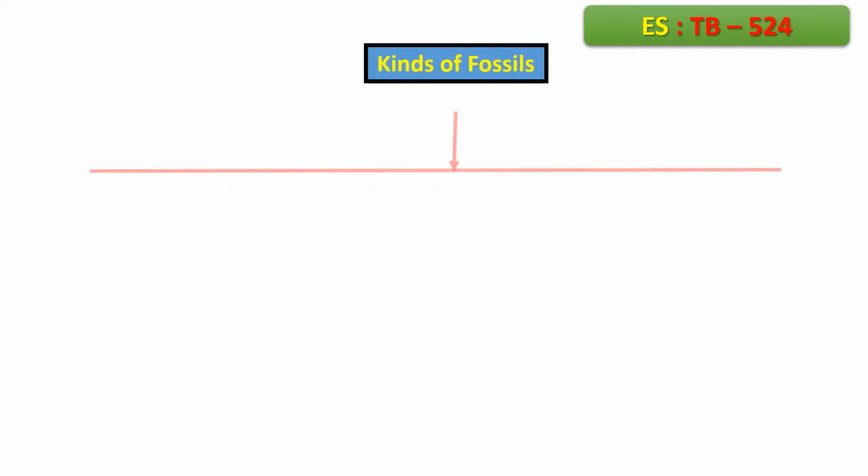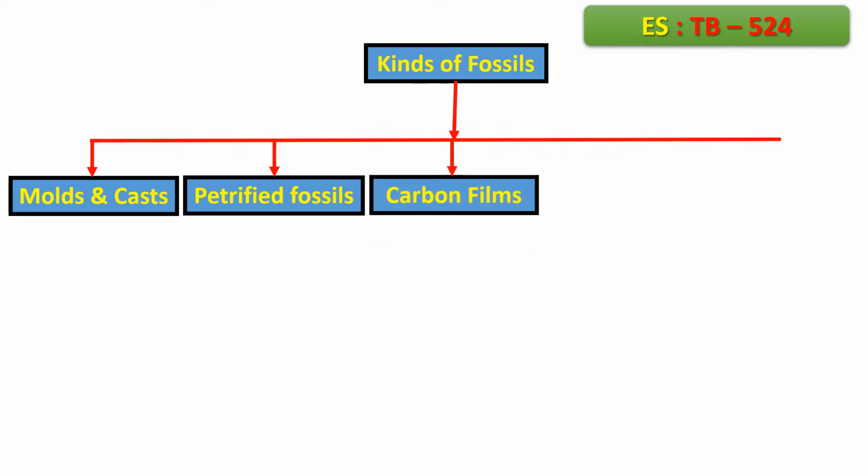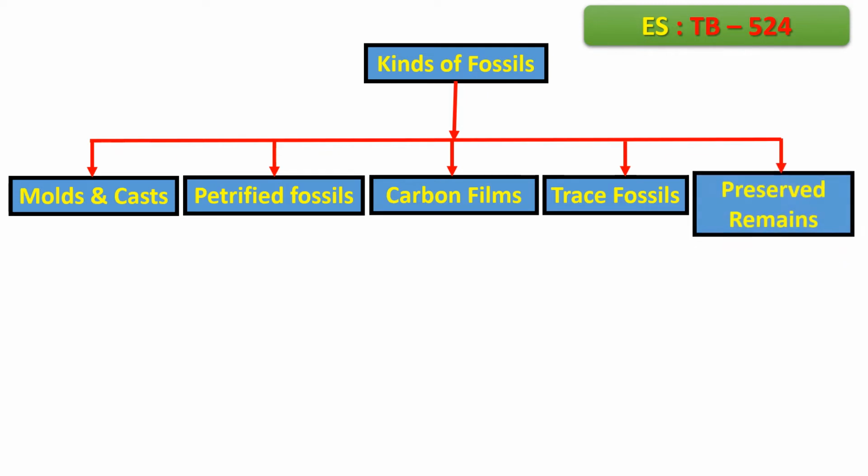This concept map is used to categorize different kinds of fossils. Molds and casts, petrified fossils, carbon films, trace fossils, preserved remains.